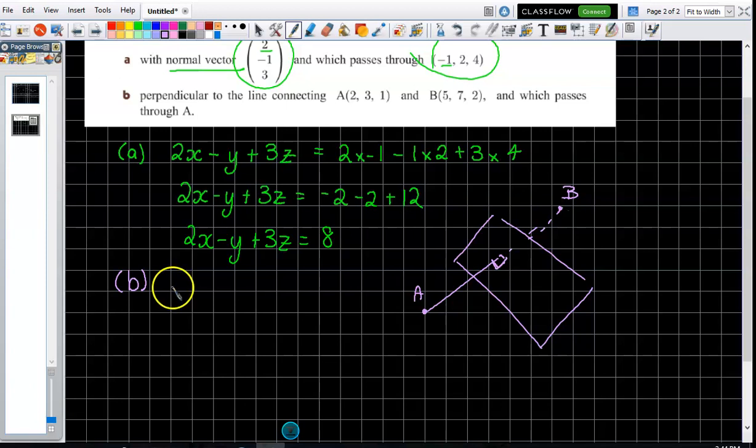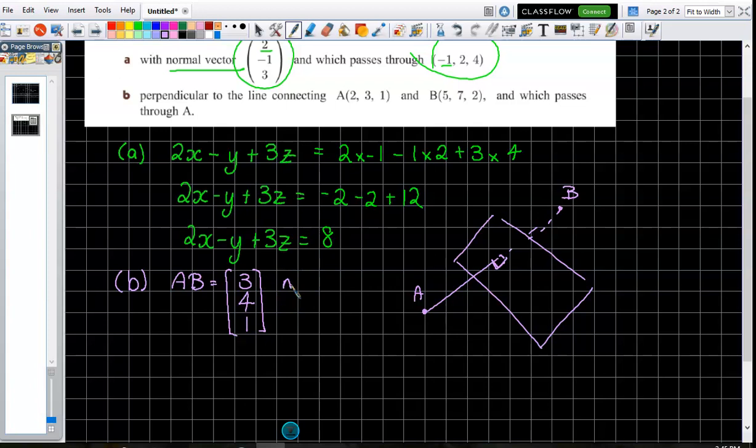Okay, so we will find AB. 5 take 2 is 3. 7 take 3, 4. 2 take 1, 1. This is our normal vector, so tick, and then we need a point.